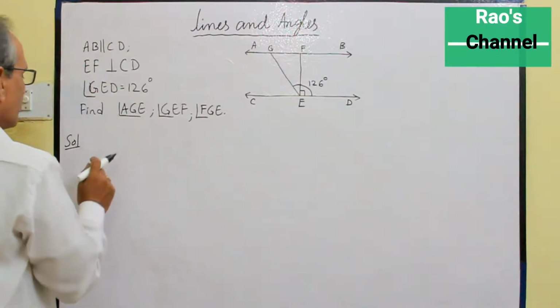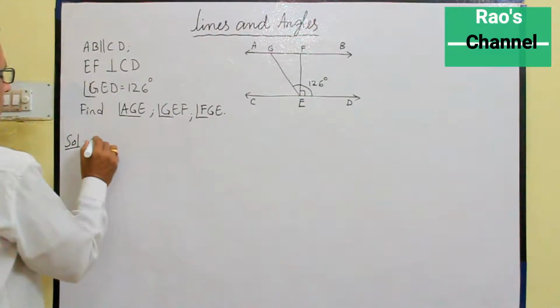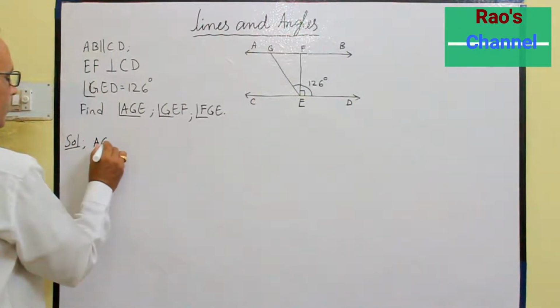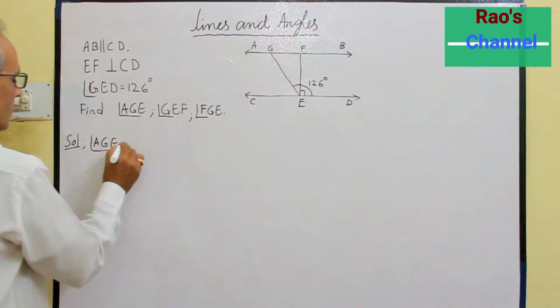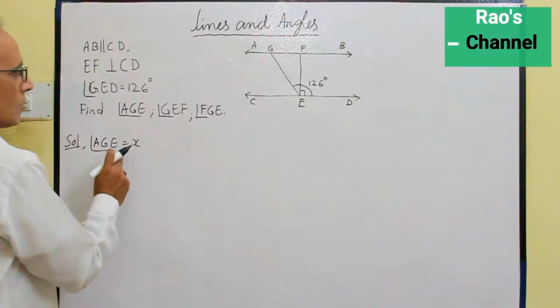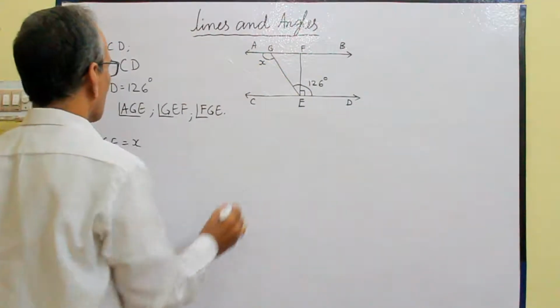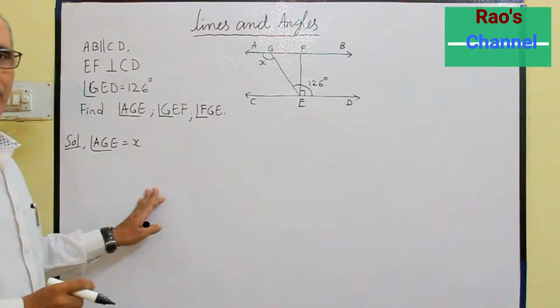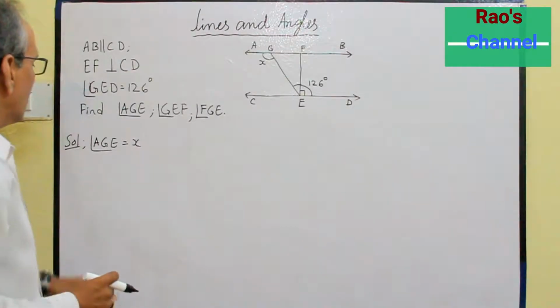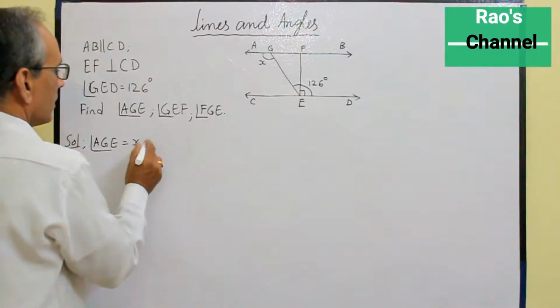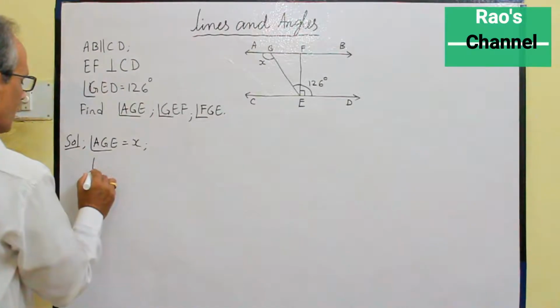For my convenience, I mark AGE as X in my diagram. Instead of calling by 3 letters, we can use a single letter to call each one.